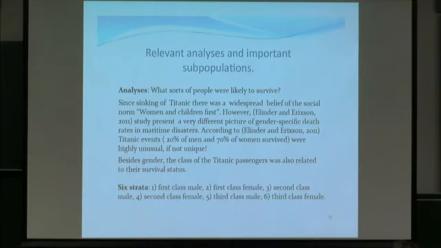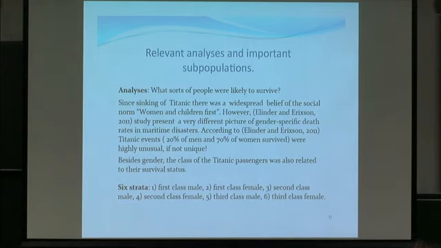But relatively recently, I saw an interesting study by Ellender and Erickson, which was basically presenting historical records over 300 years, and it was a completely different picture. Actually, they showed that women die at a significantly higher rate in maritime disasters, and actually the highest survival rate was for the crew members.